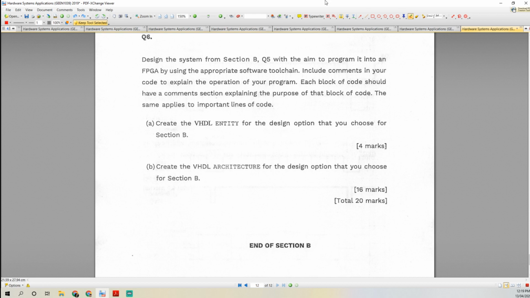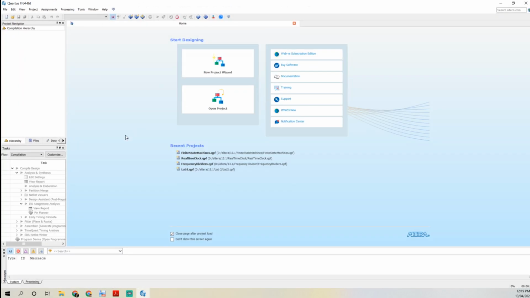So to do that, let me actually open Quartus here. As you can see, this section of the paper is quite hefty, and this is why I always suggest that we reserve at least an hour for this part of the paper.